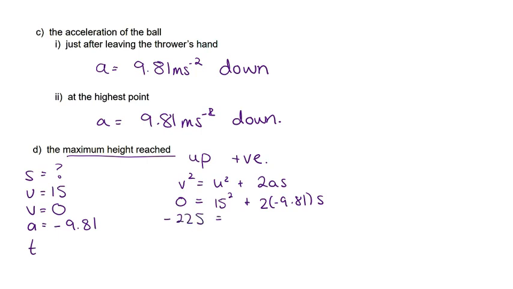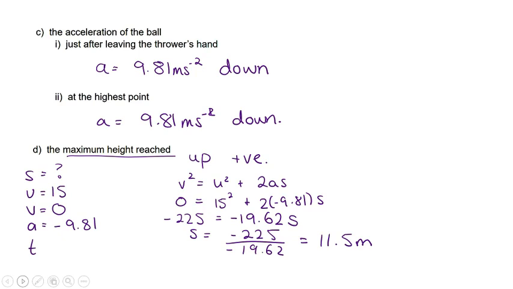And then on this side, 2 lots of negative 9.81 is negative 19.62 times s, which is what we're trying to find. So to find s, I can now just divide through by 19.62. Those negatives are going to cancel out, and I get 11.5 metres as the maximum height reached.